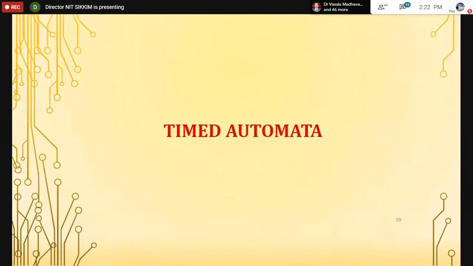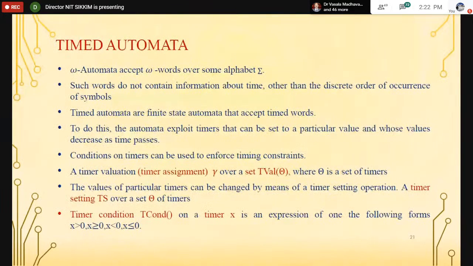Timed automata, as I said, you have to convert the untimed automata into timed automata, and the only difference is that you have to imbibe something where you can address the timing requirements. So here we have a notion of the timer. Such words do not contain information about the time other than the discrete order of occurrence of the symbols.